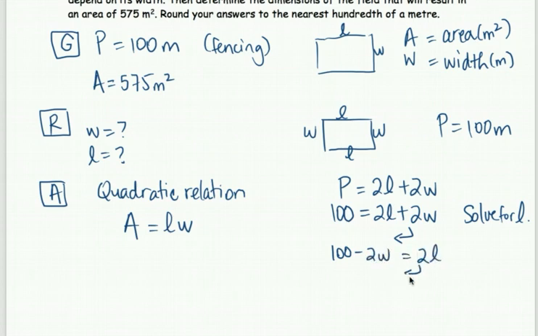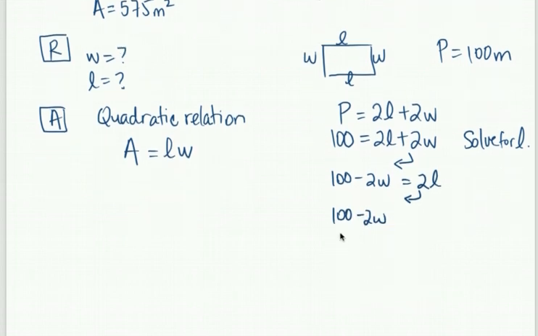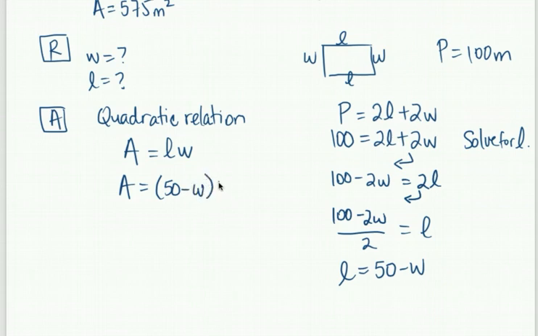Then divide by 2, so 100 minus 2w all divided by 2 equals l. Cleaning up, 100 divided by 2 is 50, and 2w divided by 2 becomes w, so l equals 50 minus w. There is our length formula that I can plug into our area formula. So that becomes A equals (50 minus w) times w. Now I have a formula that only has w's and a's in it, for area and width.